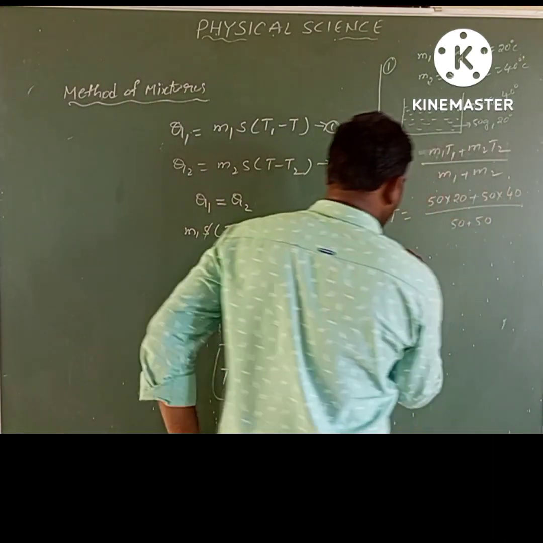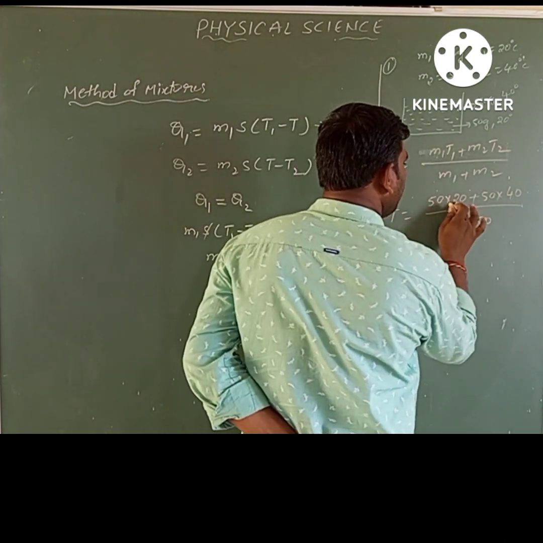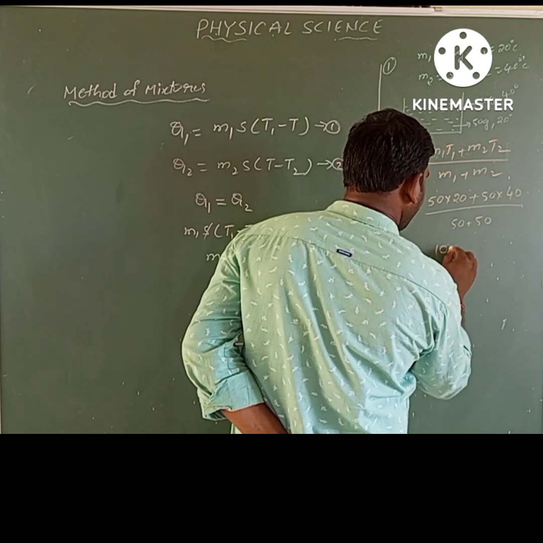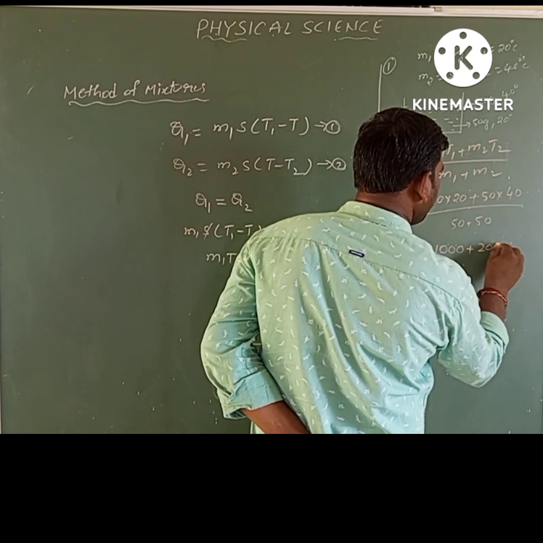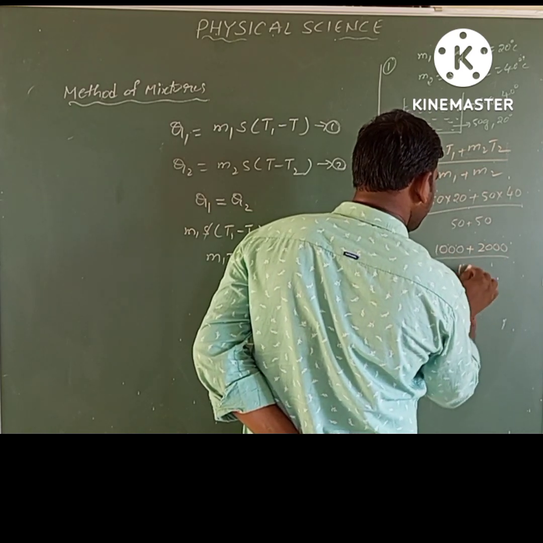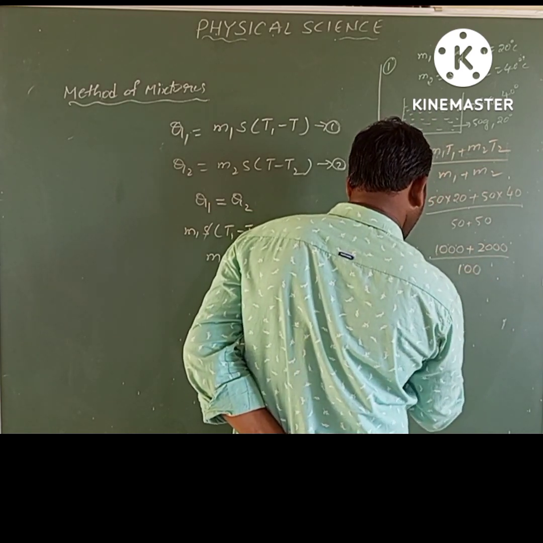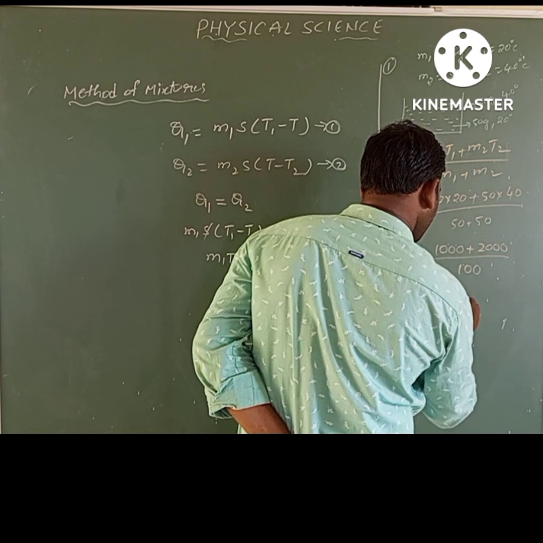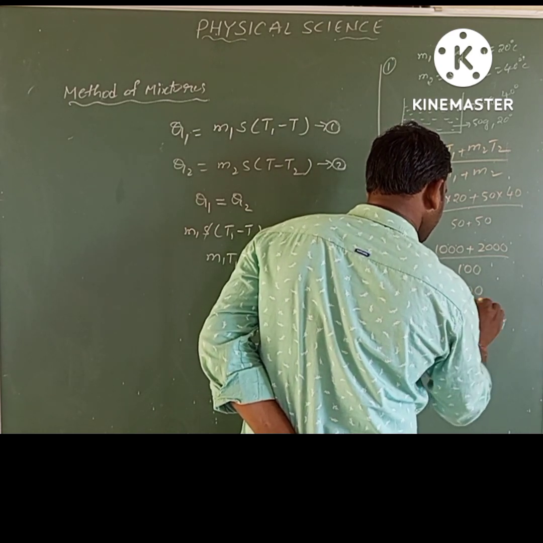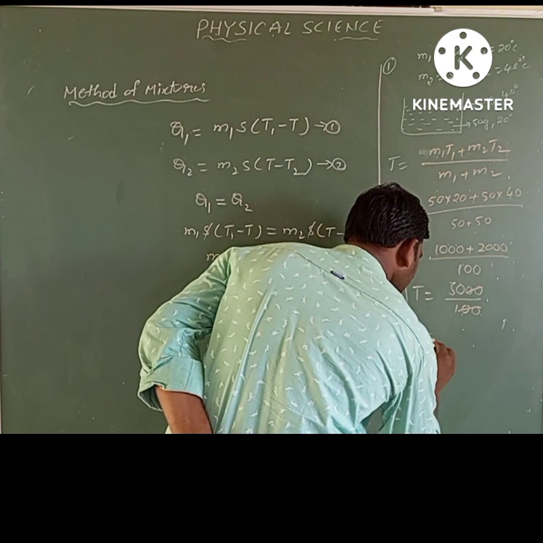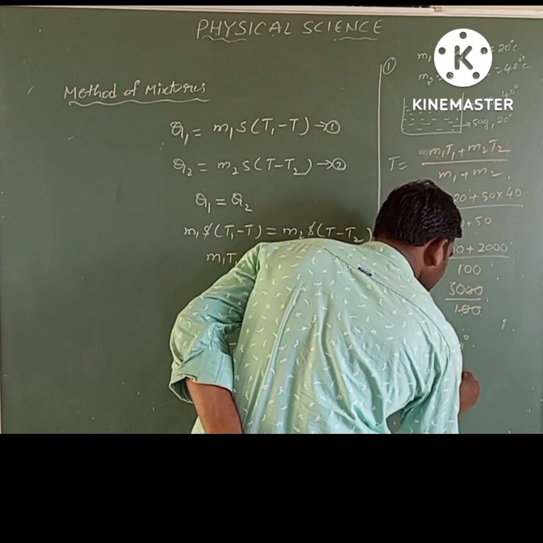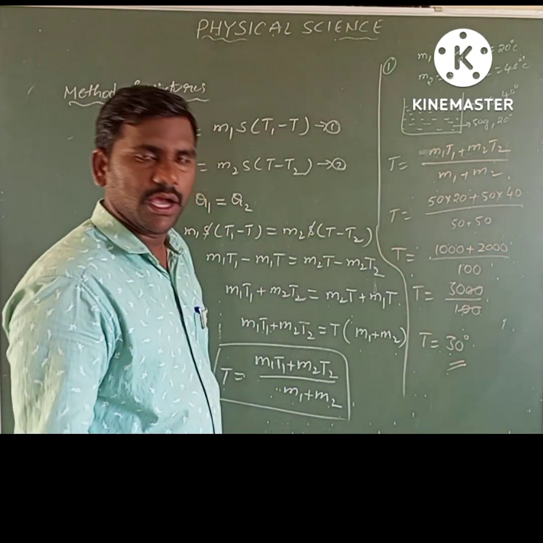So 50 times 20 is 1000, plus 50 times 40 is 2000, by 50 plus 50, 100. Then T is equal to 1000 plus 2000, total 3000, by 100. So two zeros cancel. The final temperature is equal to 30 degrees. So this is the solution.